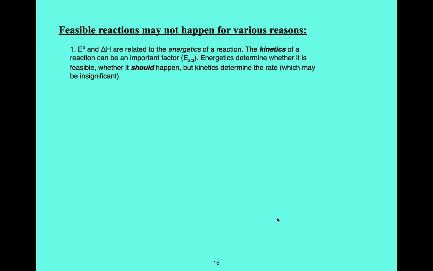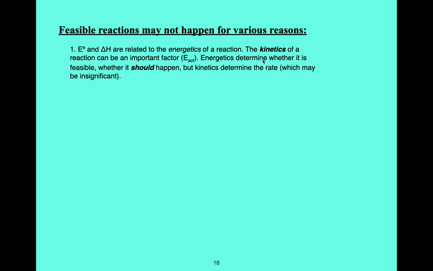If we've determined that a reaction is feasible, then it might not happen. There are possible situations where the reaction, even though it looks feasible, doesn't happen, and we have to consider why that might be the case. If we look at the energetics of a reaction, we might find that the reaction is thermodynamically favored and should happen.